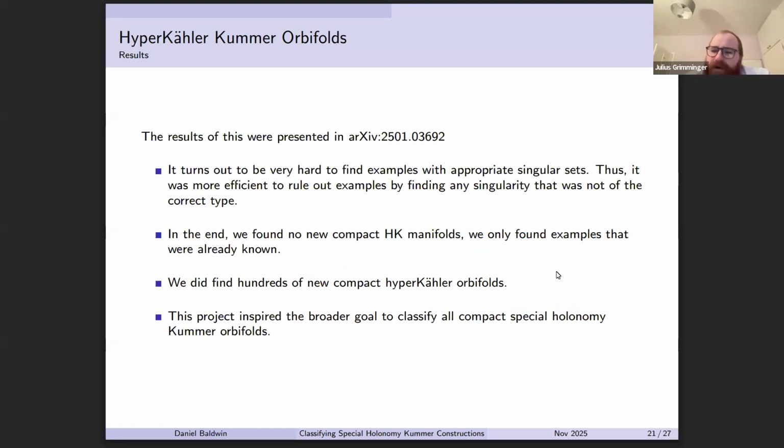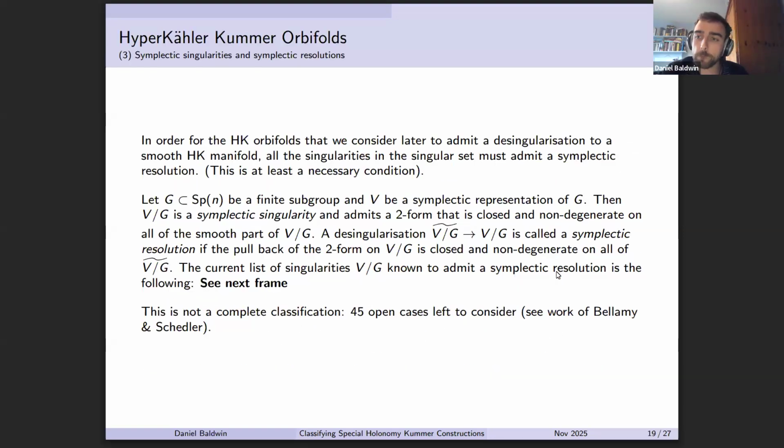So what are these 45 cases? Are they in other Weyl groups, or are they just other finite subgroups of Sp(2n)? I can't remember what they all are. They may or may not have a symplectic resolution, but it's expected that they don't.